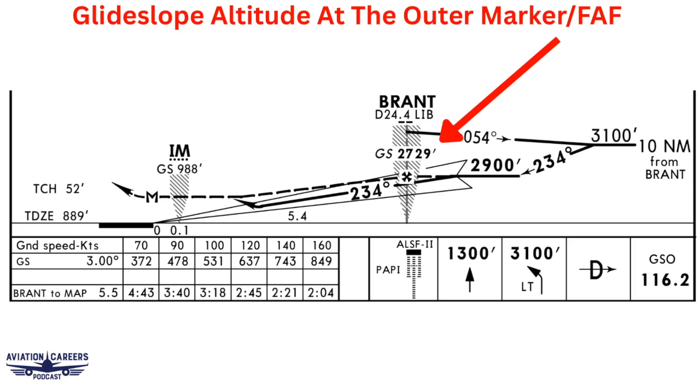If your altimeter is wrong at that point, and it doesn't say 2729, or within 100 feet or so, or whatever your op spec says, you need to query the controller and say, hey, listen, what's the current altimeter setting? They give you the current altimeter setting, and you can correct that. So that's why we're doing that. Almost every approach you do, you're going to cross Brant at 2729. But our final approach fix is 2900.